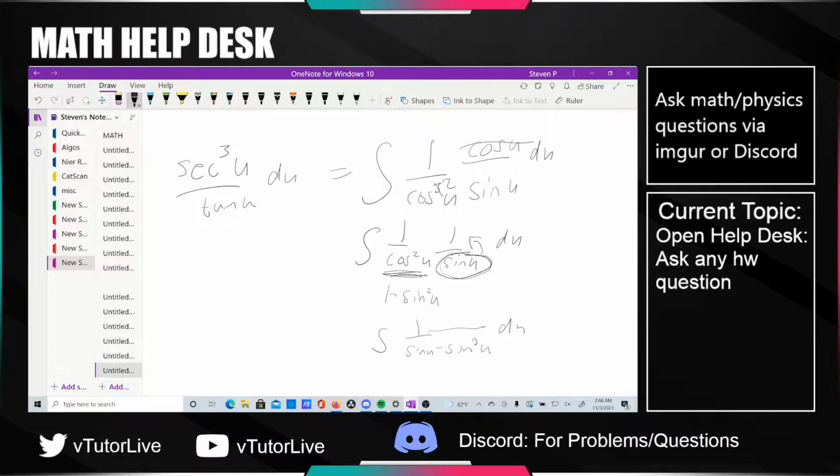Yeah, but that's what I was saying earlier. This would be so nice if the sine was on top instead of on the bottom. Because it's on the bottom, I don't see a good way to use substitution. If we let v equal cosine of u, then dv is equal to minus sine u du. We really need the sine u to be right next to the du, but unfortunately it's on the other side of the fraction. That just breaks everything, and I don't know how to make progress on this because of that.